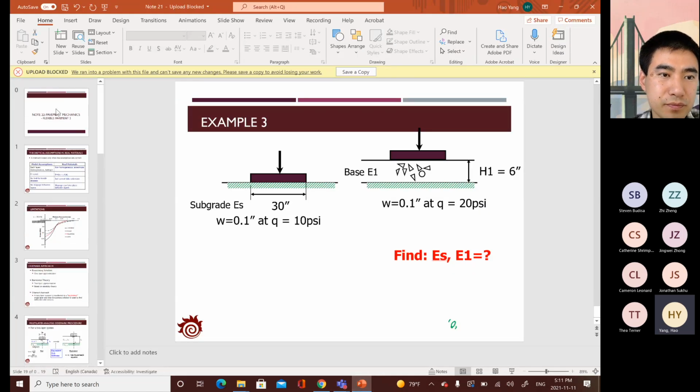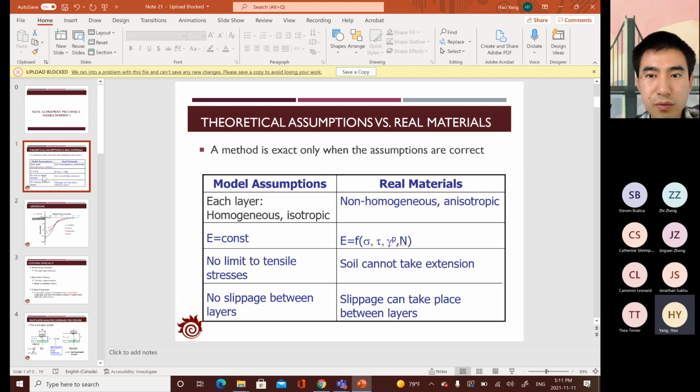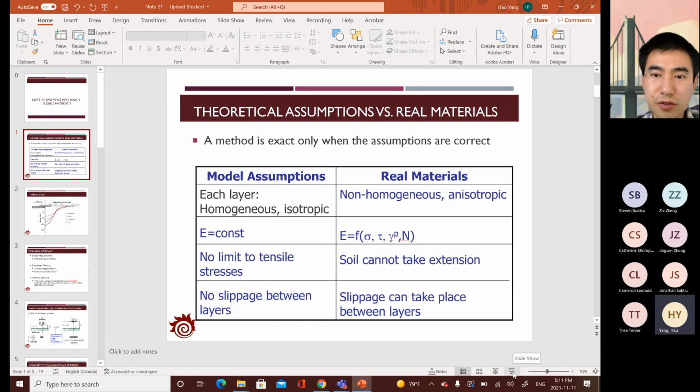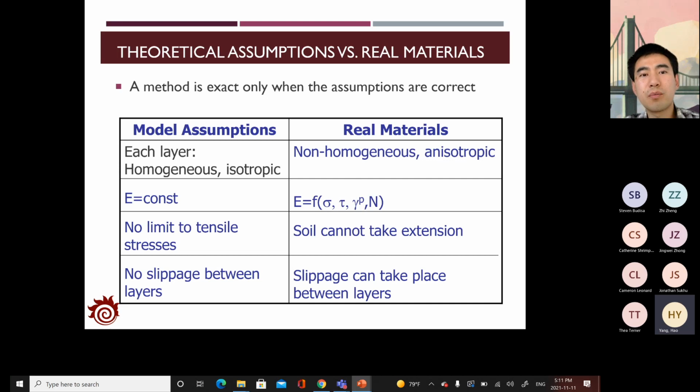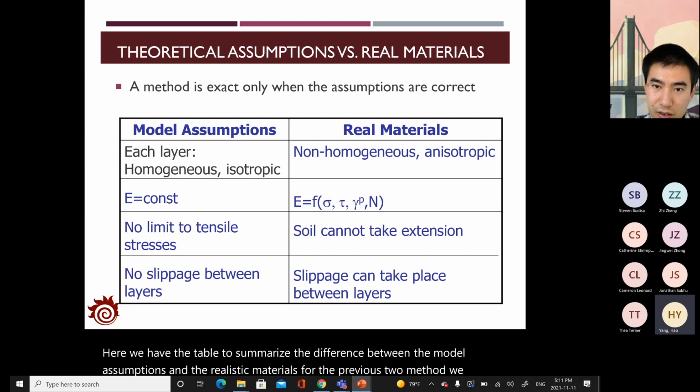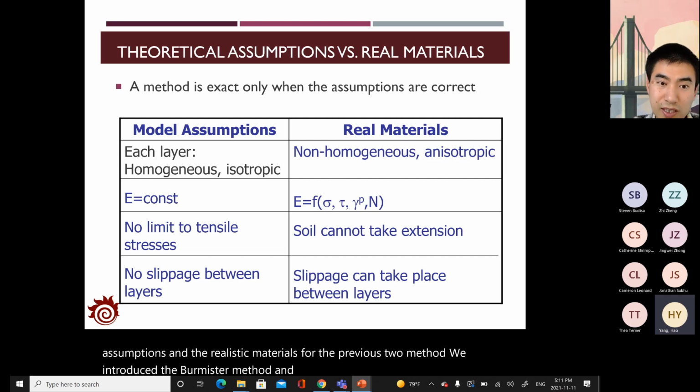the flexible pavement with more complicated, more realistic methods to analyze the stress and strain. Here we have a table to summarize the difference between the model assumptions and the realistic materials. For the previous two methods, we introduced the Burmister method and the Boussinesq method.